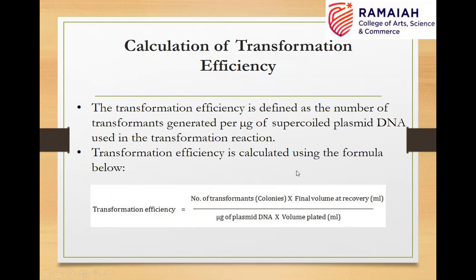It can be calculated using this formula: the number of transformants, that means the colonies grown on the antibiotic plate, times the final volume at recovery in ml, divided by the micrograms of plasmid DNA used for the reaction times the volume that is plated on the plate. With this formula, we can calculate the transformation efficiency.